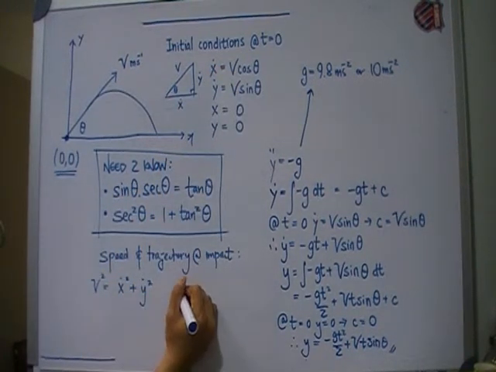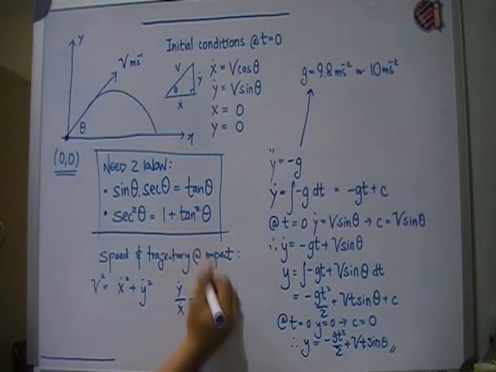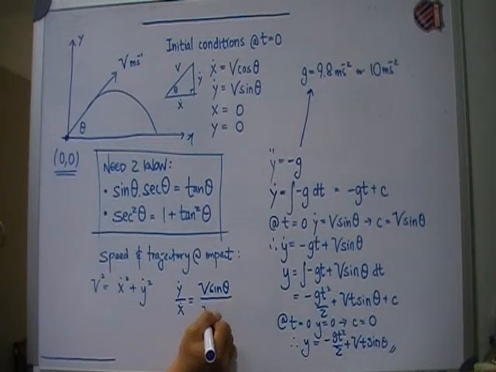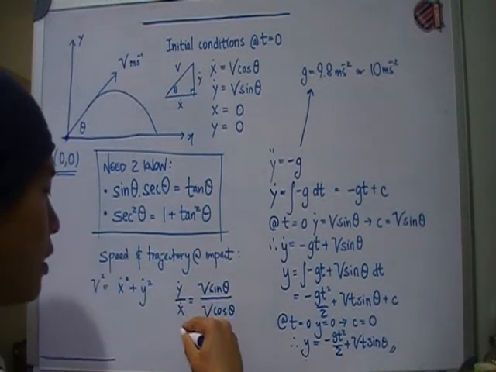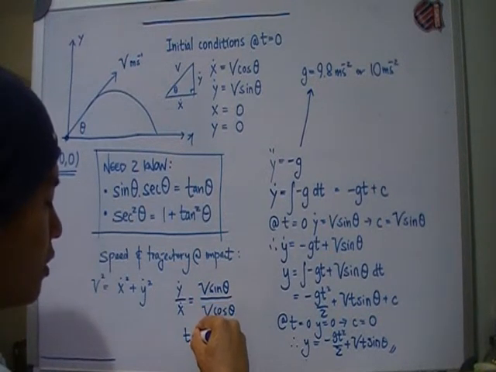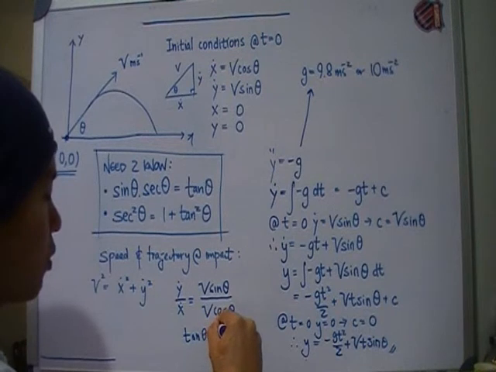Your y dot over x dot becomes v sin theta on v cos theta. And here, to get theta by itself, this is tan theta equals y dot on x dot.